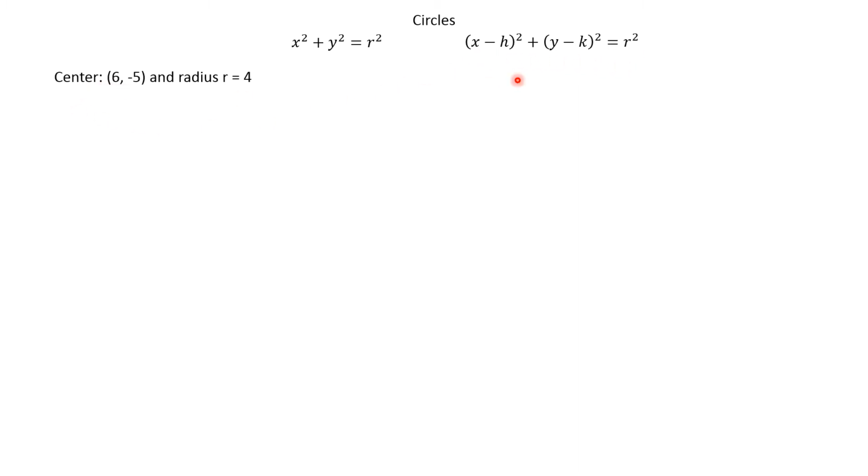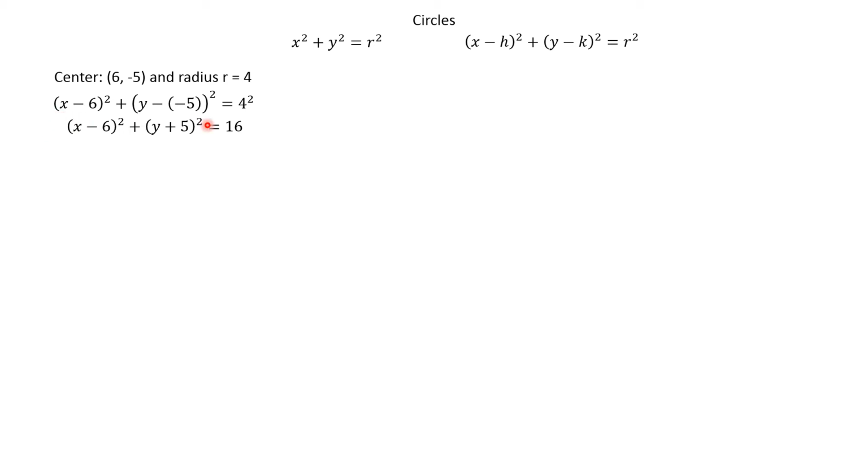So the center is 6, so we'll have x minus 6 squared, and y minus negative 5 squared equals, radius is 4, so we'll have 4 squared. We can simplify this a little bit. Y minus negative 5 is just going to be y plus 5. 4 squared is 16. And so we have x minus 6 squared plus y plus 5 squared equals 16.